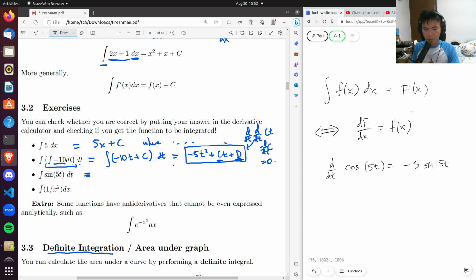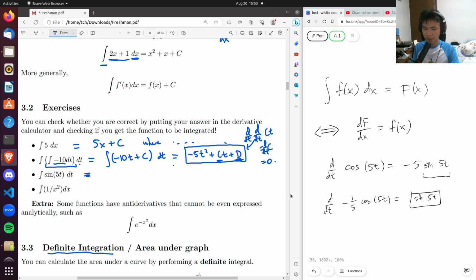So we see that we kind of have this component over here that we want. If I take both sides and I divide by minus 5, then that implies that derivative of minus 1 over 5 cosine 5t is equal to sine 5t.